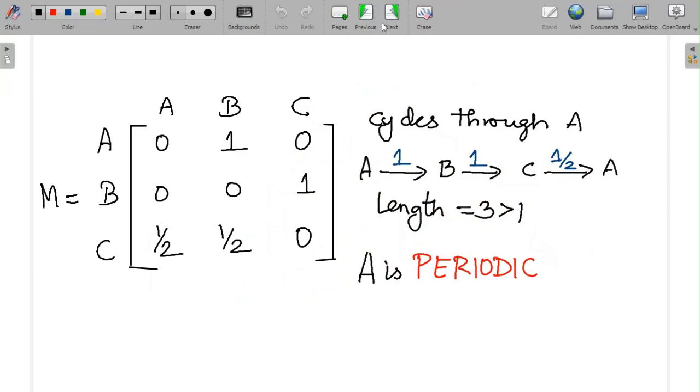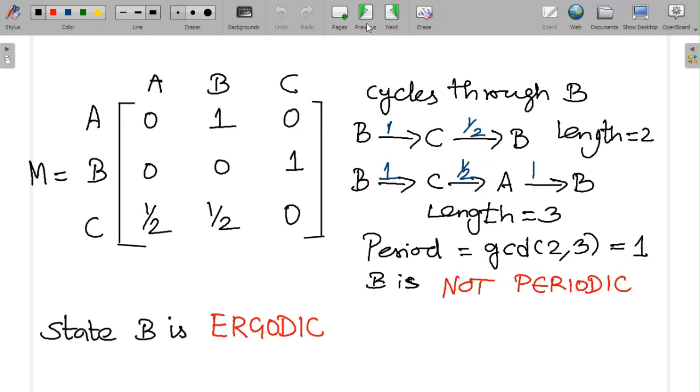There are cycles through the state A. We see that there is one cycle whose length is 3. So from A to B to C and then to A, we have a length of 3. So state A is periodic. And when you look at B, there are two cycles. One from B to C and then back to B with a length of 2.